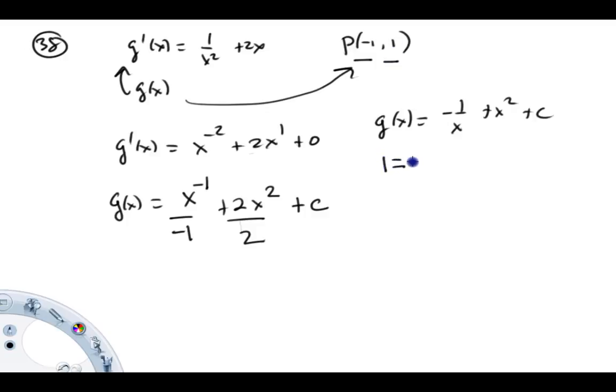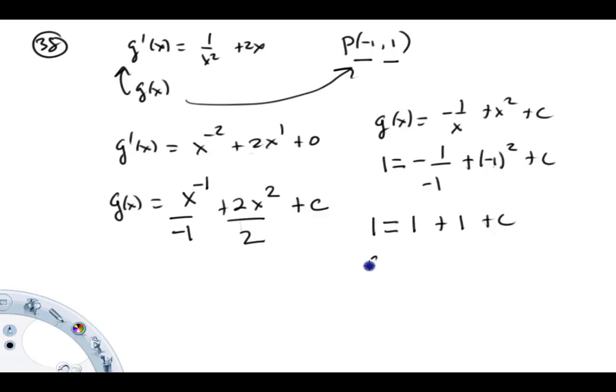1 equals minus 1 over x, but x itself is negative 1, plus negative 1 squared plus a constant. This is now going to read 1 equals negative 1 over negative 1 is 1, plus negative 1 squared is 1, plus a constant.